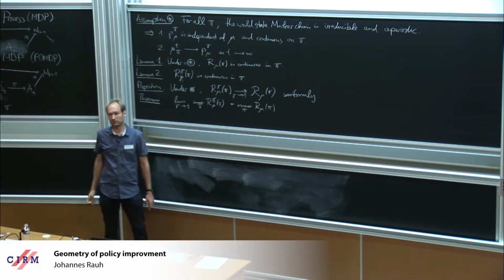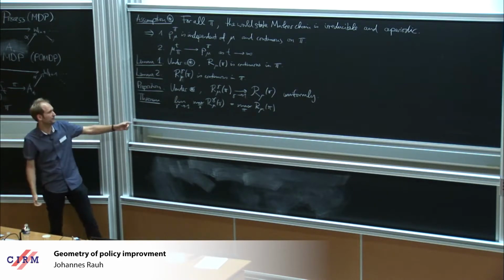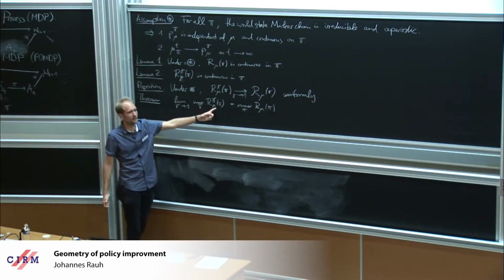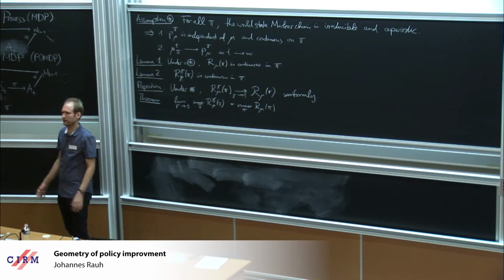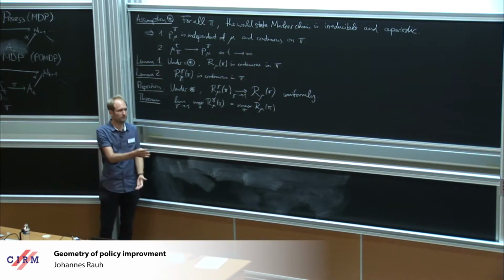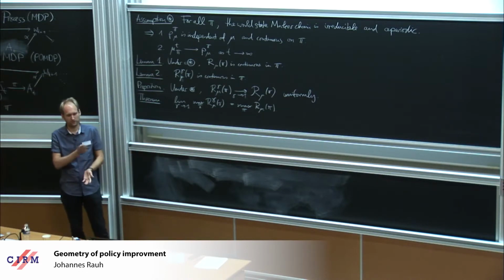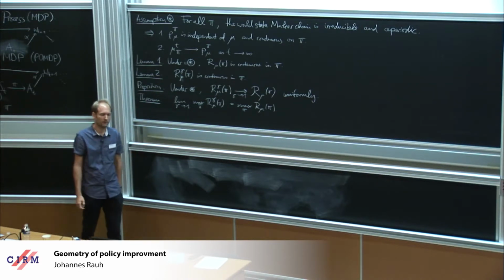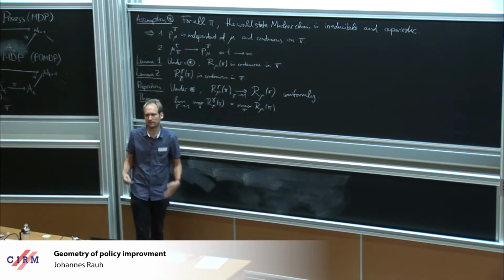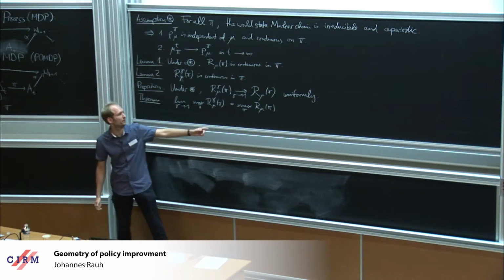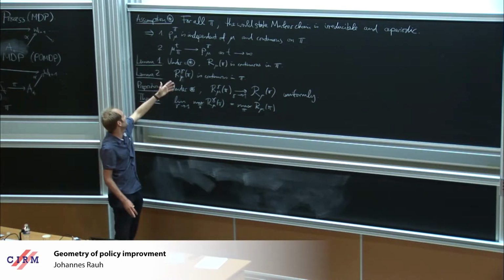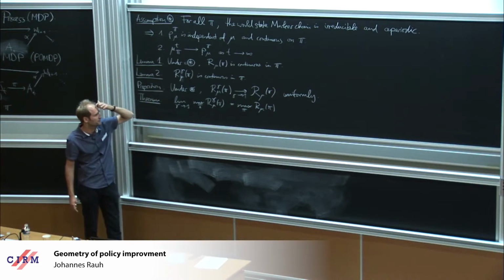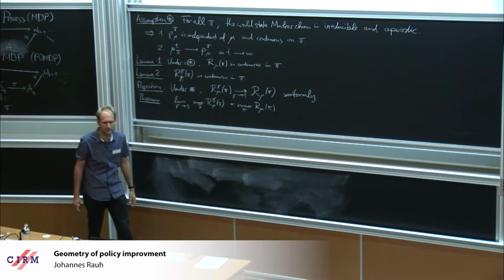And even more is true, I will not write it down, but if you have a sequence of maximizers, so a sequence of optimal policies, they will depend on gamma, and if you take a limit point, for example if they converge, then the limit will also be an optimal policy for the average case. And that's basically an exercise coming from this result here.